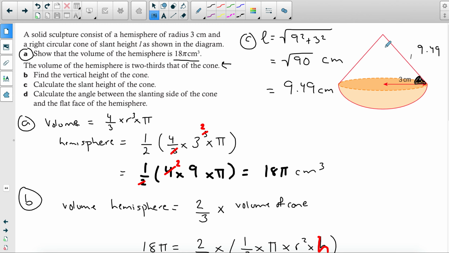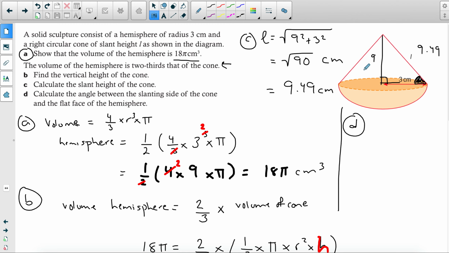So we can use the 9 as the height. We can look at this right angle triangle again. And it's much better to use the 9 because it's a whole number rather than the 9.49. And in this case, we'll just have to use the trigonometric ratio.